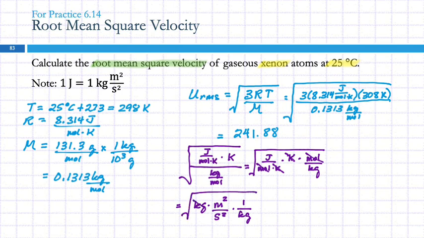The kilograms cancel out. And the square root of meters squared per second squared is meters per second. So the units here are meters per second. If you understood the unit math, awesome. If you didn't, just believe me that the units are supposed to be meters per second.